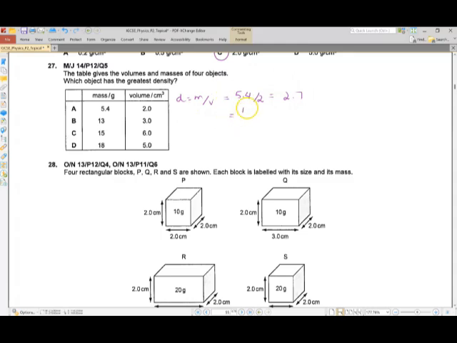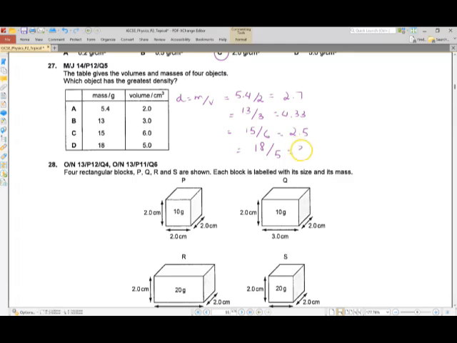For the next one, the mass is 13, whereas the volume is 3. So putting them in the formula, we have 4.33. Then we have 15 as our mass and 6 as our volume. So this is going to give us 2.5 grams per centimeter cube, of course. The last one, 18 is the mass and 5 is the volume.